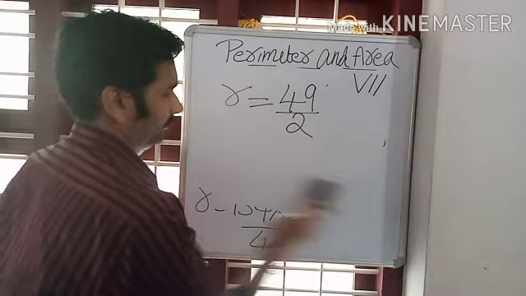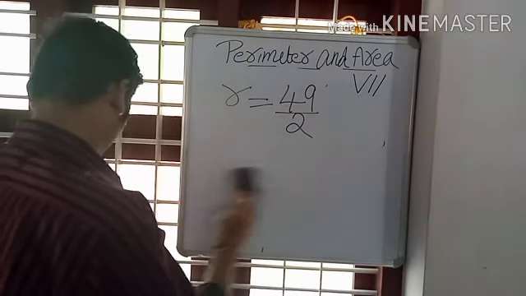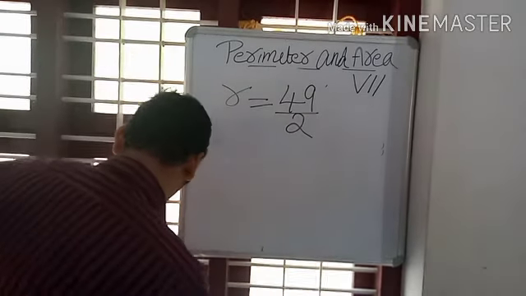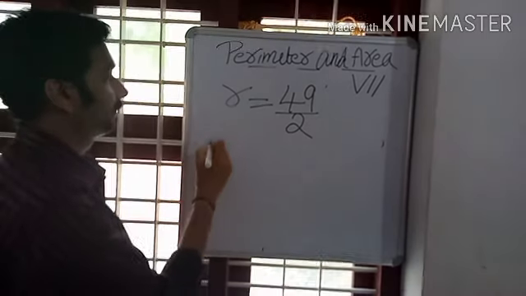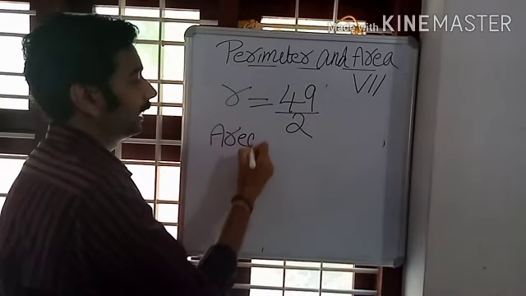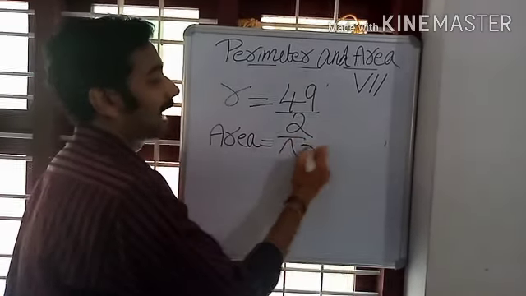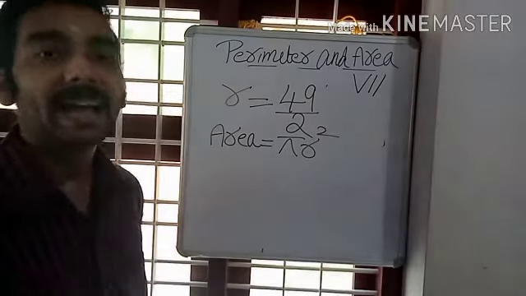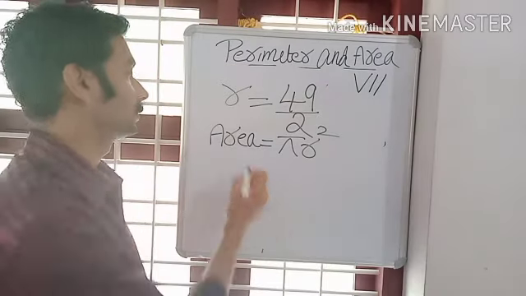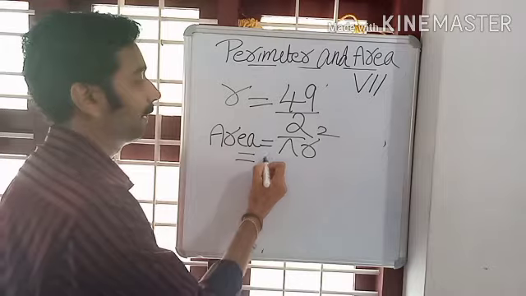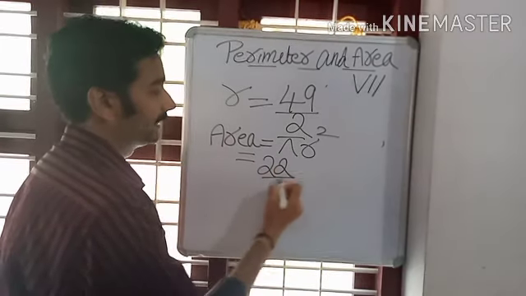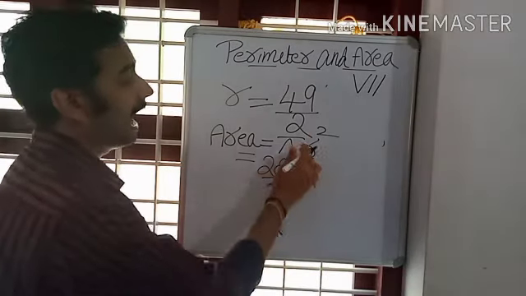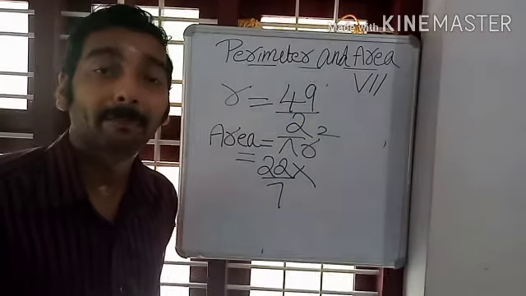Then we find the area. Area equals pi r square. The value of pi is 22 by 7 into r, which is 49 by 2.